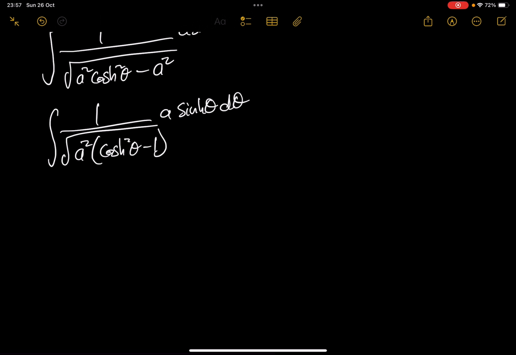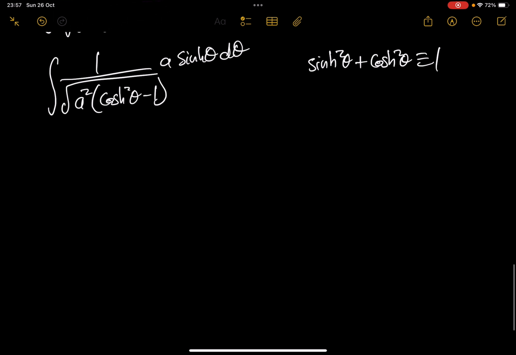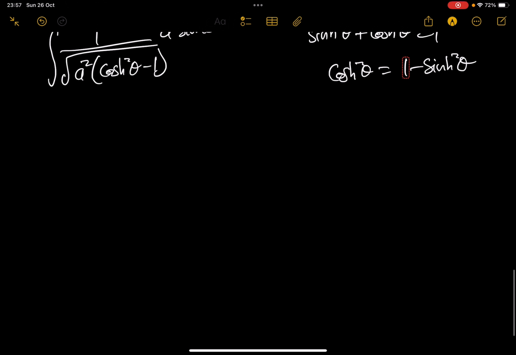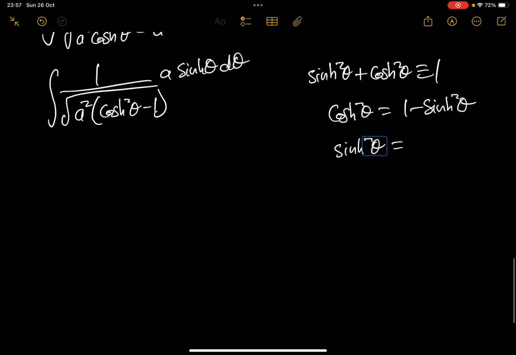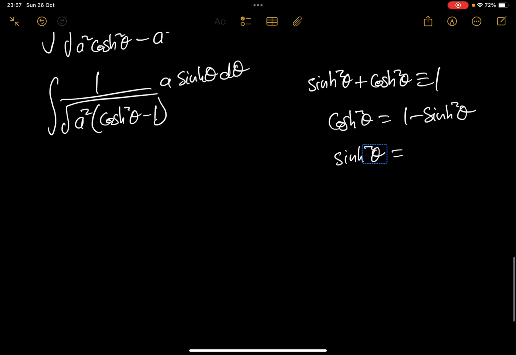We are going to use this identity, sin squared theta plus cos squared theta is equivalent to 1.